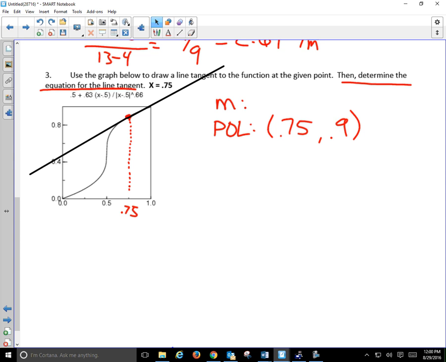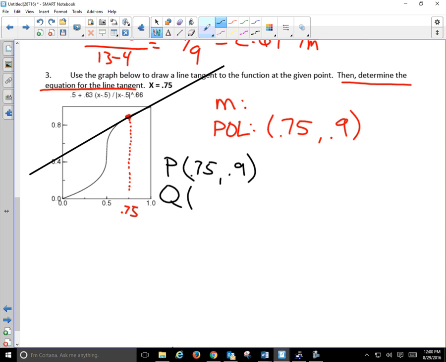So how would I estimate the slope? I have a point P, which we will call 0.75, 0.9. In order to estimate the slope, I need a second point. Can somebody suggest to me what might be a second point on that line? Got lots of choices here.